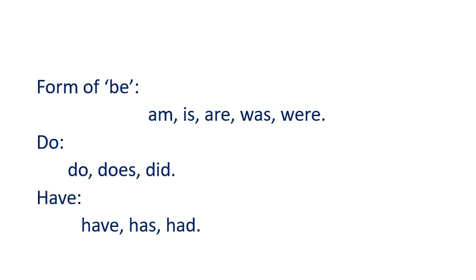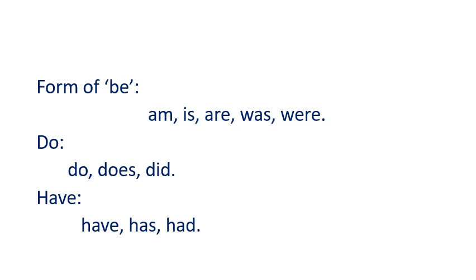First, we can consider the forms of be: am, is, are, was, were. These are the forms of be. And forms of do: do, does, did. Then have: have, has, had.